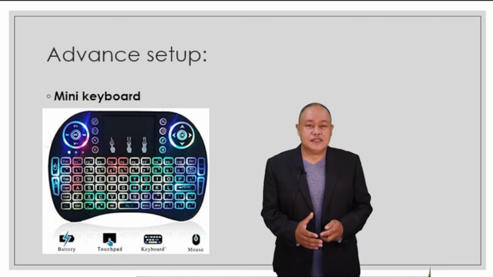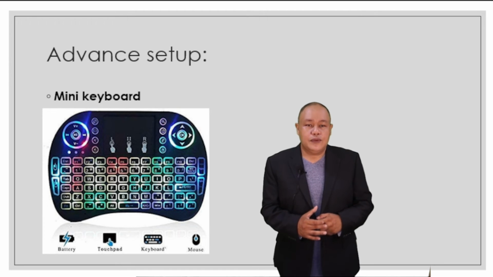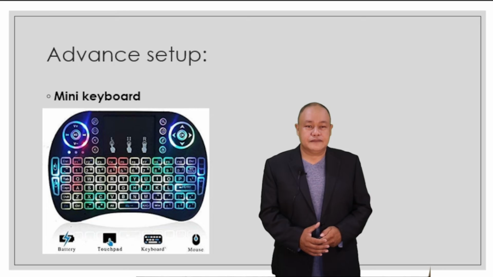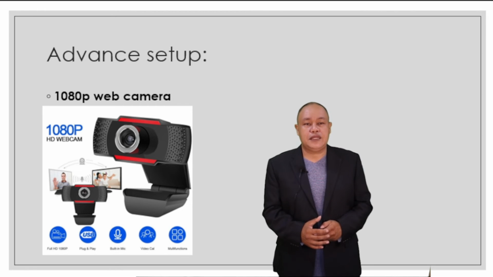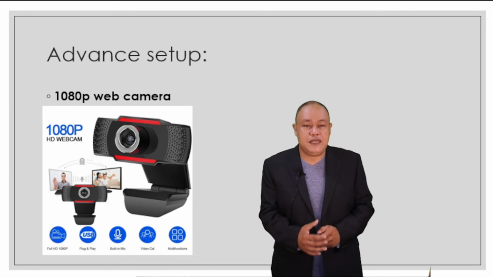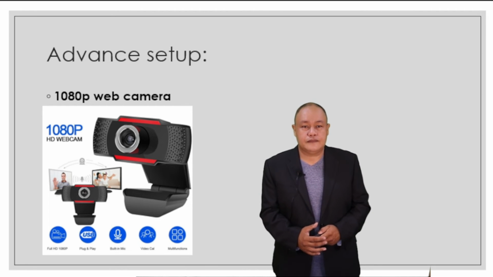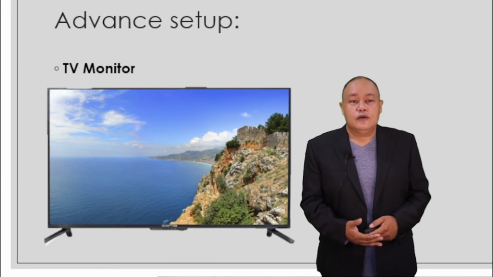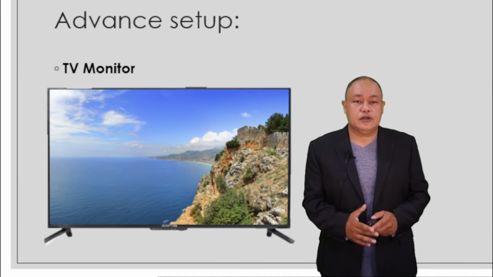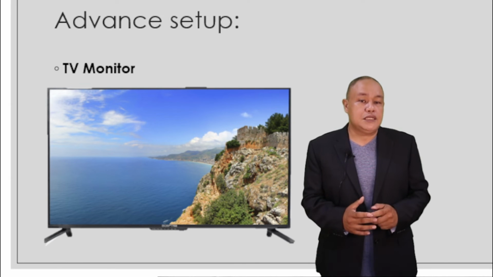This can be used as a presenter, and you can switch between windows with its built-in mouse pad. Next, we have your 1080p web camera. A good camera will give additional details to your image as the presenter. A TV monitor or a smart TV will help you see your presentation or monitor your audience through an extended view of your PC or laptop.